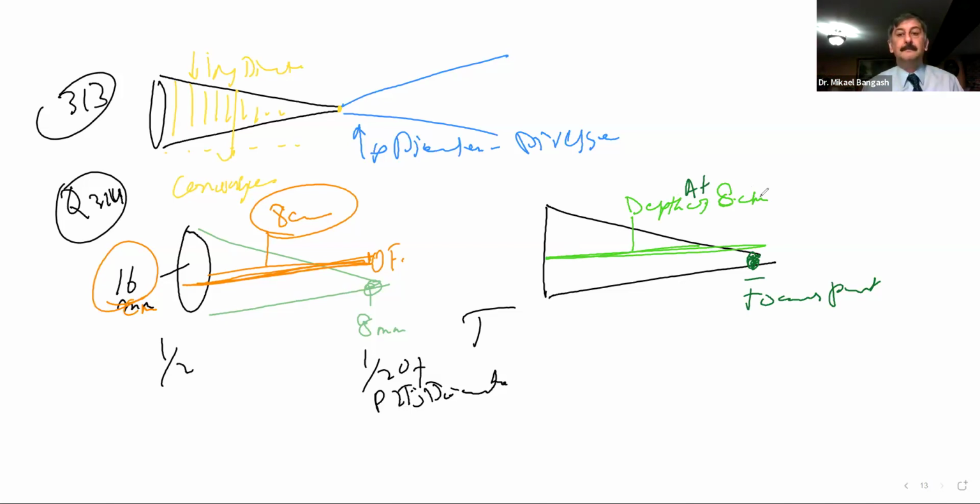Did that make sense? Good. Does that necessarily mean your PCT is going to be 16 centimeters? No, it doesn't.